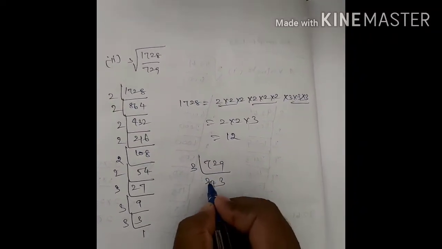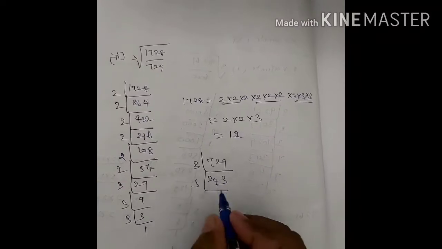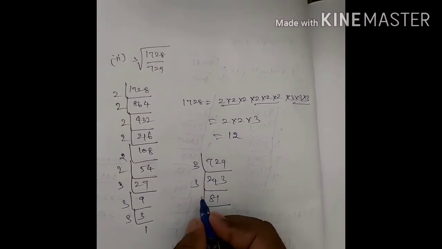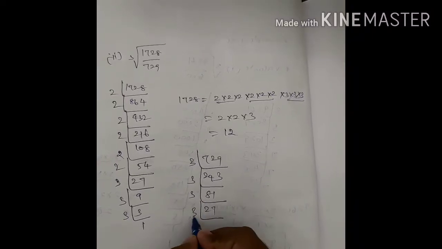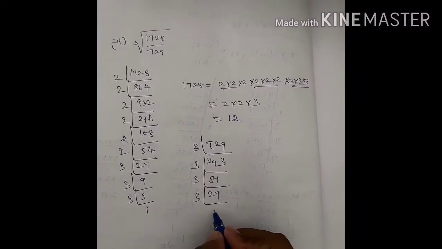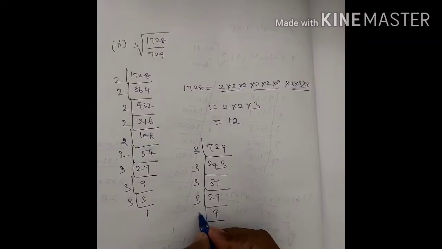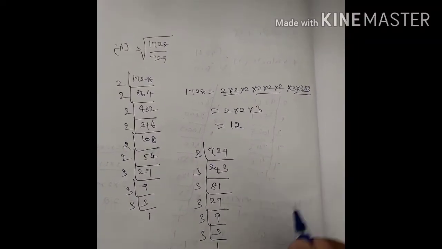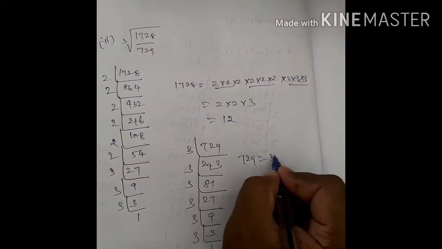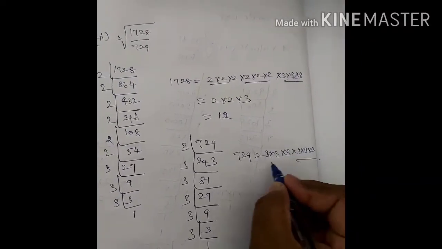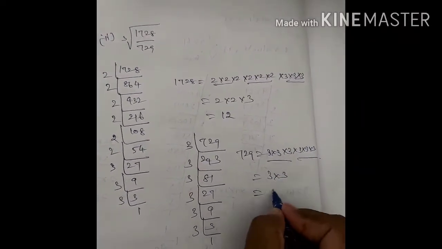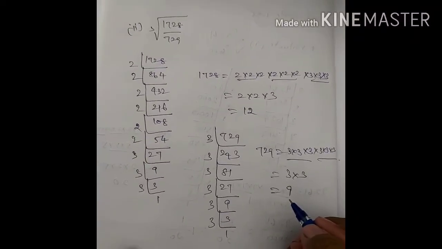Next 729: 243 times 3 is 729, and 81 times, again 27, again 9, again 3, again 3 3s are 9.